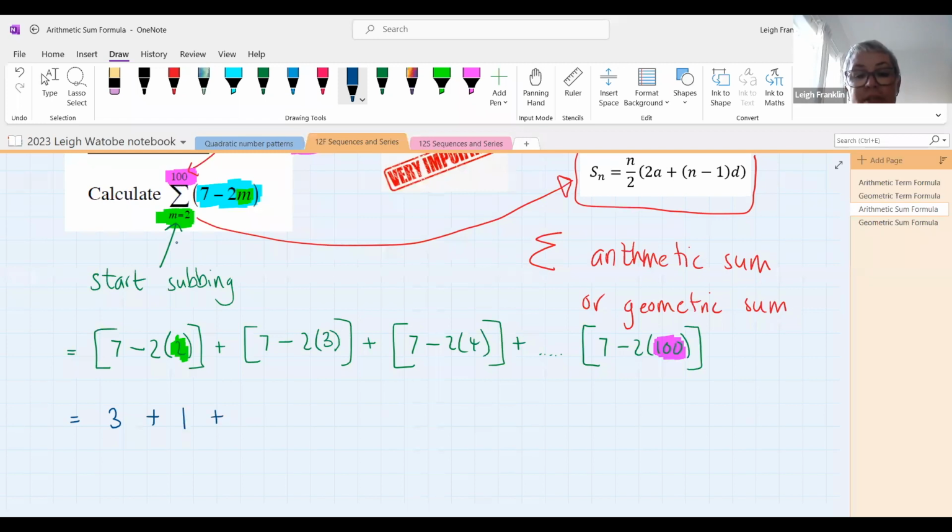Plus, the next term is 7 minus 8, so that would be -1. Plus, all the way down here, that would be 7 minus 200. So 7 minus 200 is going to leave us with minus 193. Somebody asked if that was correct. That is indeed correct.